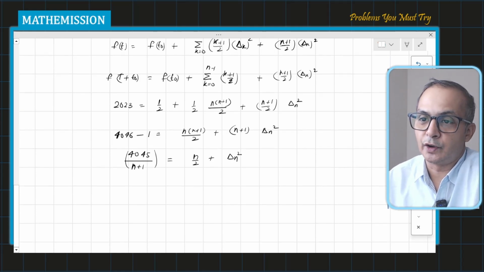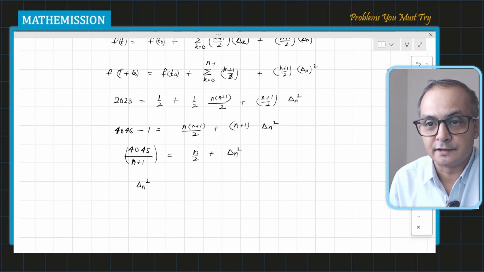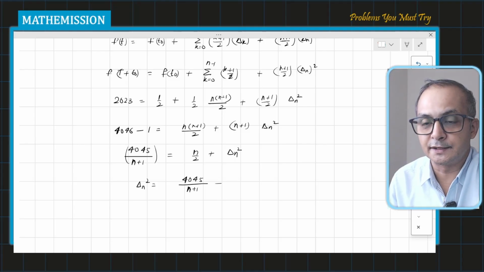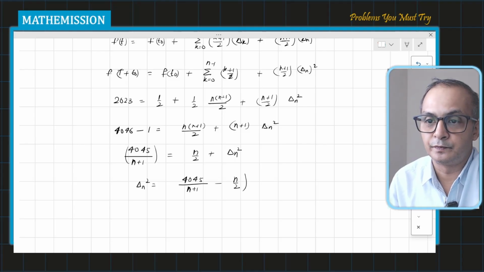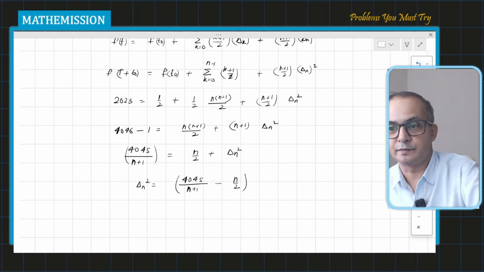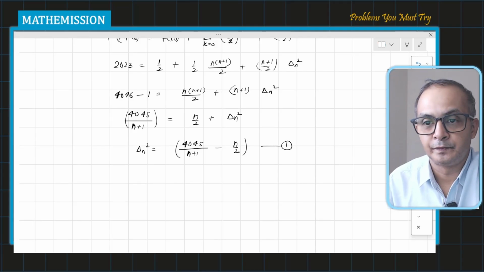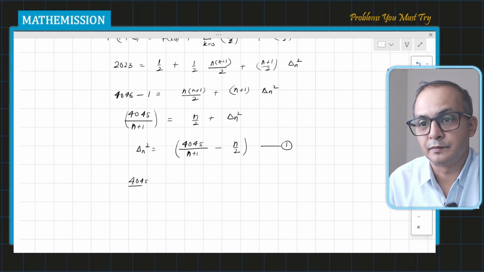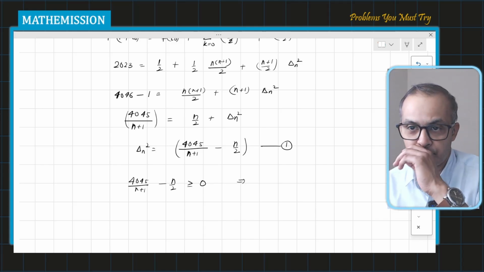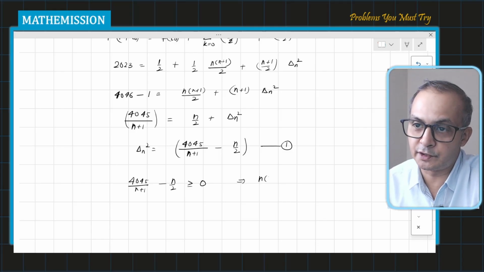Okay, so I got delta n squared is equal to 45 by n plus 1 minus n by 2. Now notice the delta n square cannot be a negative quantity, so I can say from here that 45 by n plus 1 minus n by 2 should be greater than or equal to 0.